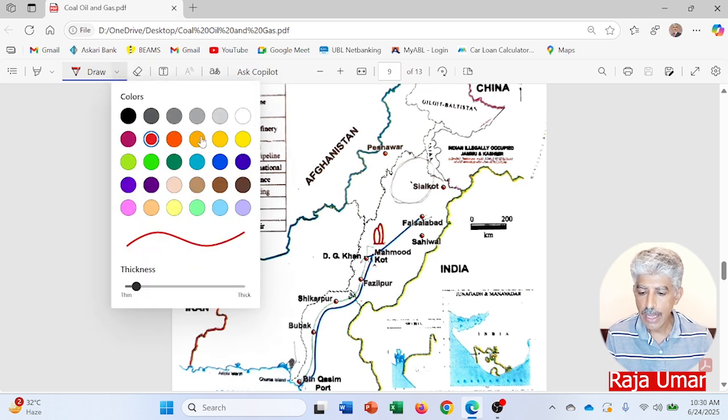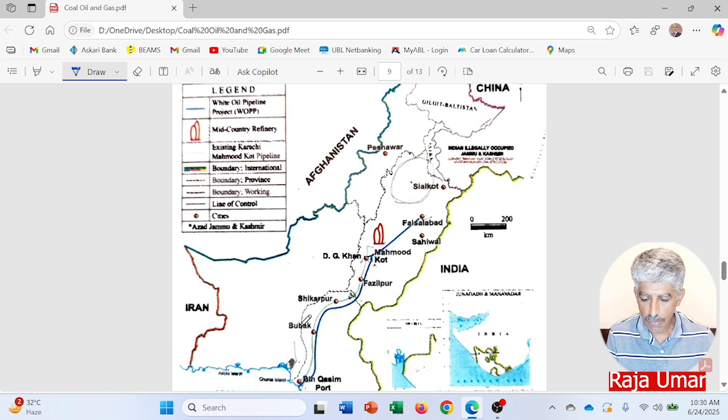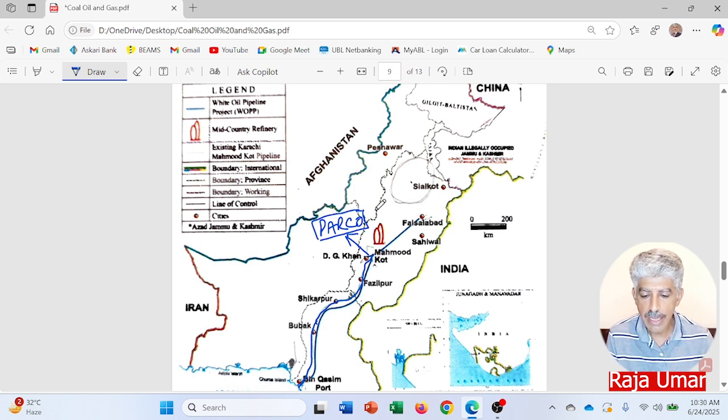So one pipeline, if I draw it in blue, goes from Port Bin Qasim, from Bobak, then to Shikarpur, then to Fazilpur, and then to Mahmood Kot in district Muzaffargarh, South Punjab, where we have the oil refinery, PARCO, Pak Arab Refinery Company Limited, installed to refine the petroleum.